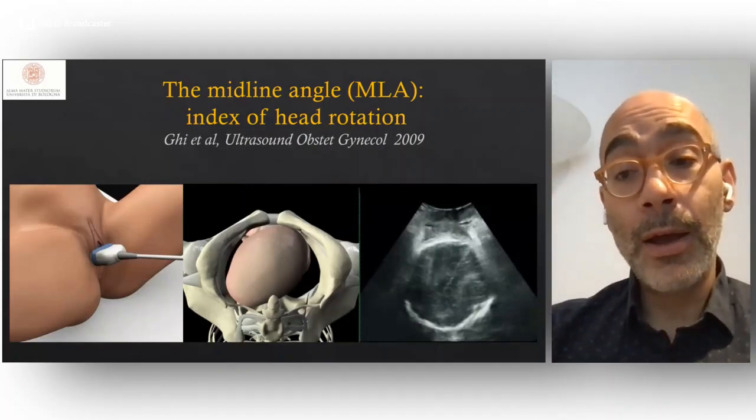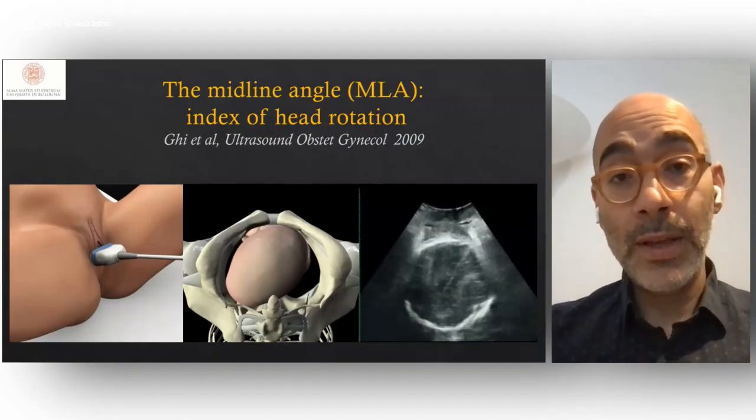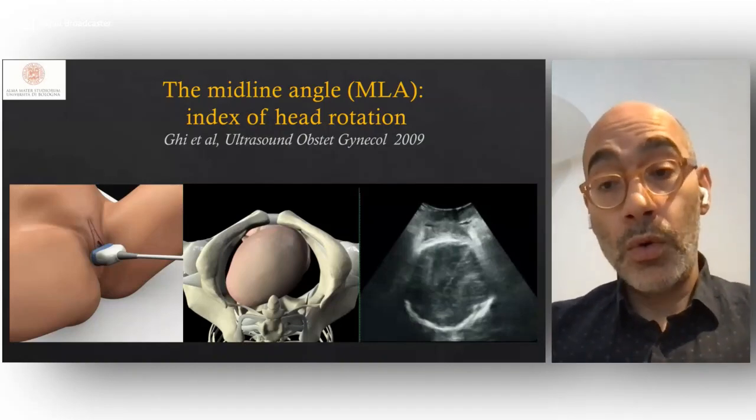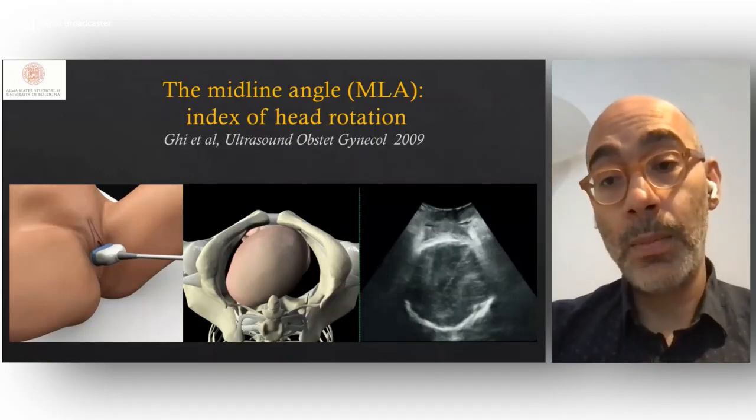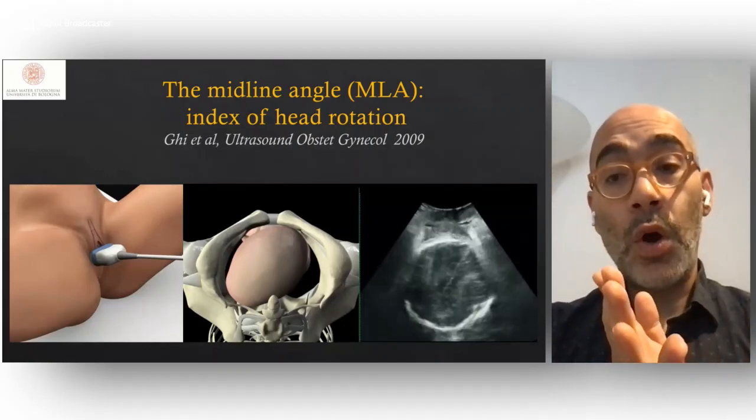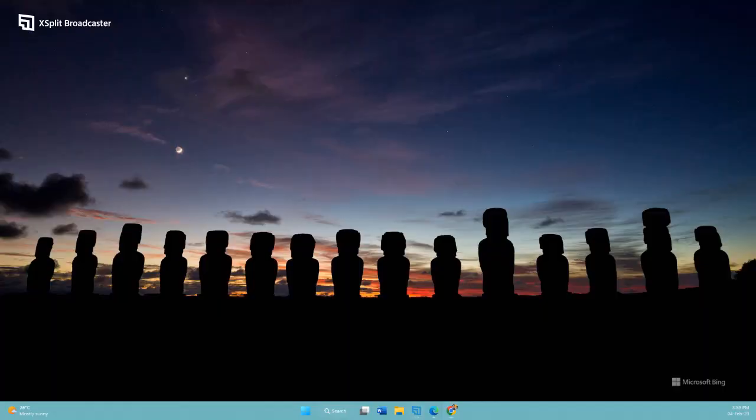So the midline angle: we know that the lower the fetal head in the birth canal, the more it usually rotates into the anteroposterior axis of the maternal pelvis. So especially in an occiput anterior position, the narrower the midline angle, the lower is the fetal head in the birth canal.